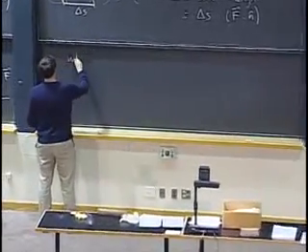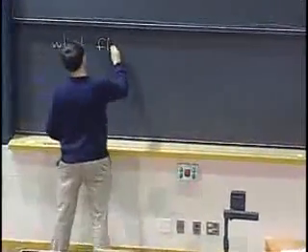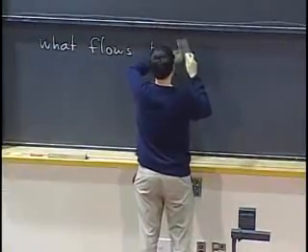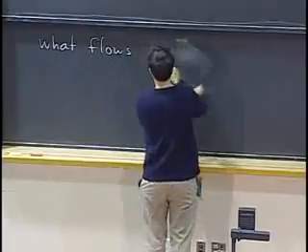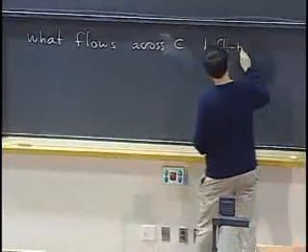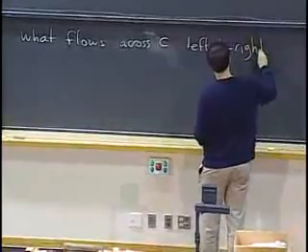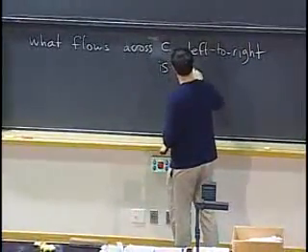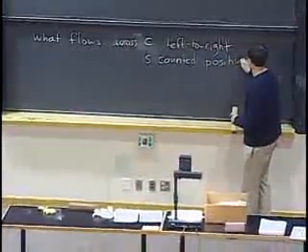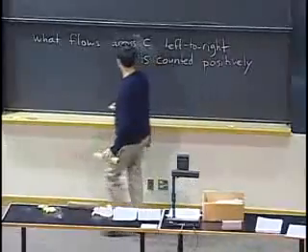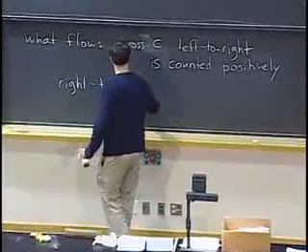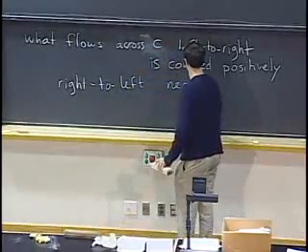Okay, so what flows across C, from left to right, is counted positively, while what flows right to left is counted negatively.